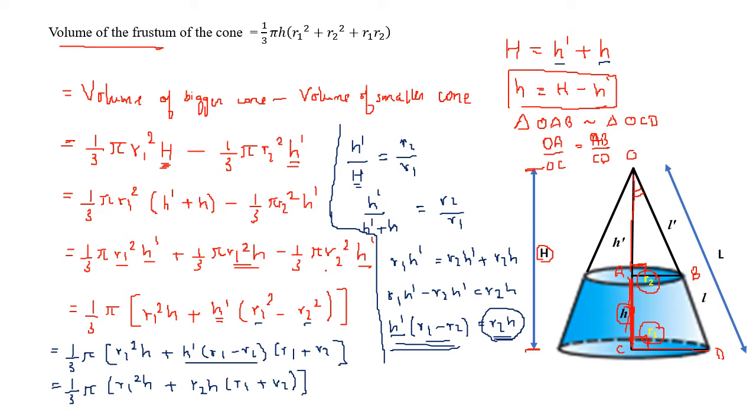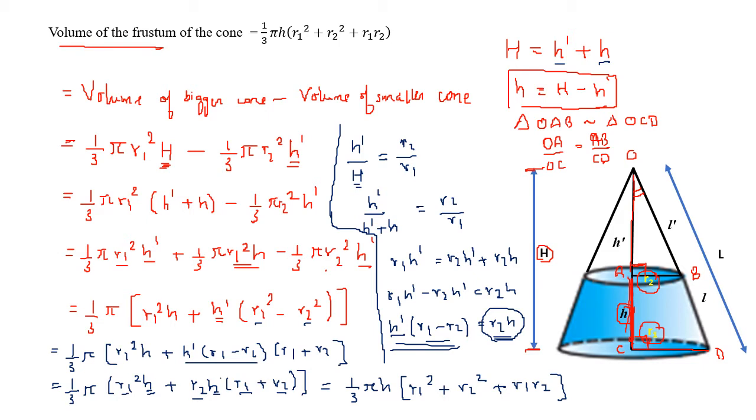Okay, R1 plus R2. So now 1 by 3 pi, let me take this H also common outside. So I get H into bracket R1 square plus R2 into R2 is R2 square plus R2 into R1 is plus R1 R2. And this is the way we derive the formula of the volume of the frustum of the cone. This is not asked for your derivation, but this is just for your understanding. So I hope this is clear to you, the frustum of the cone.